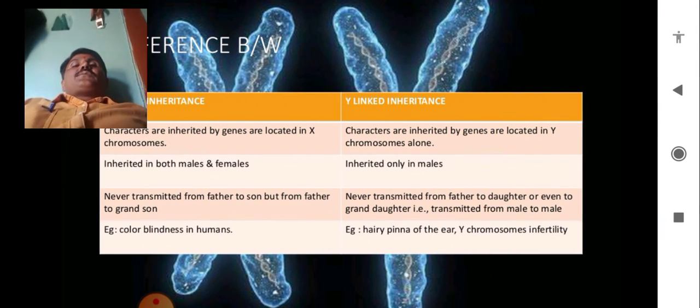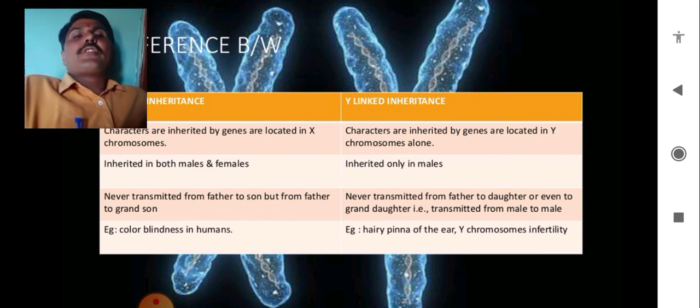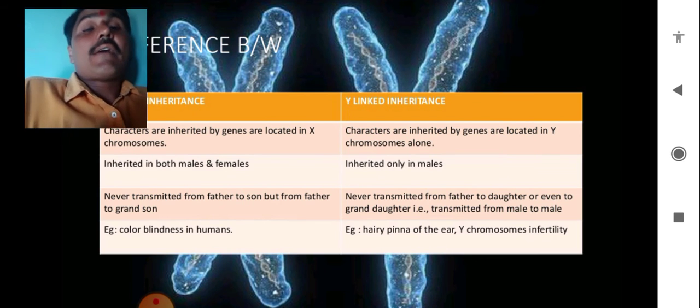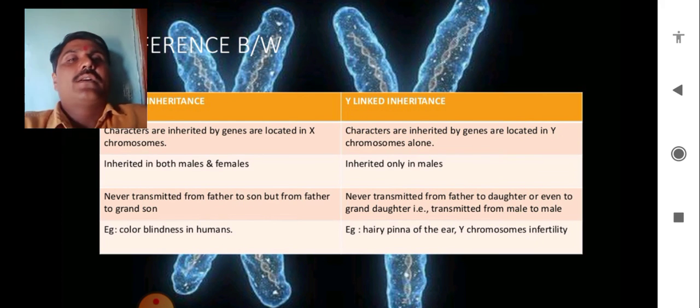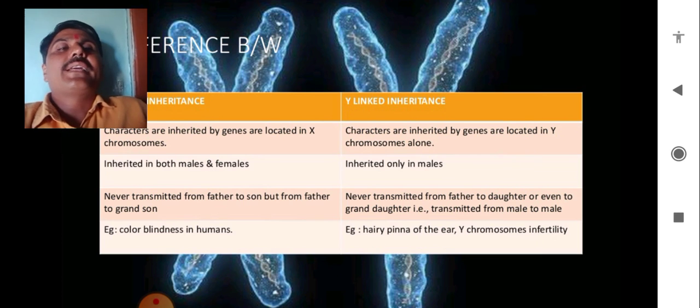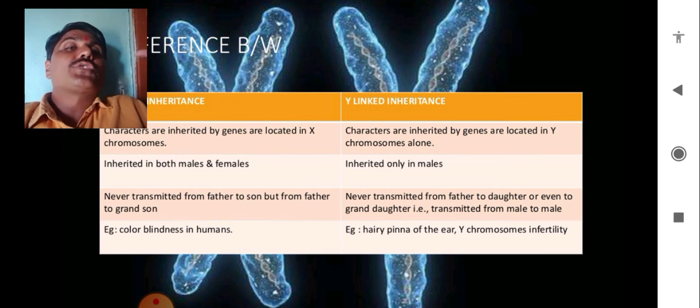So friends, this is what we have discussed over the last three lectures on sex-linked inheritance, and we saw how X-linked inheritance and Y-linked inheritance, chromosomes and genes are responsible for a particular disease or character being transmitted, whether in the male, from father to son in the case of the Y chromosome, or from father to grandson in the case of the X chromosome.